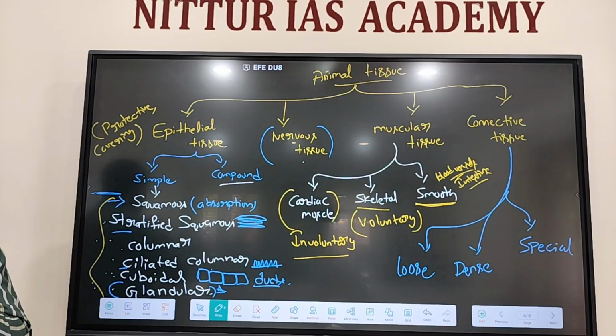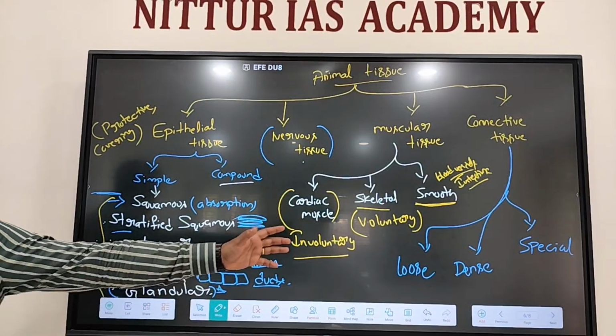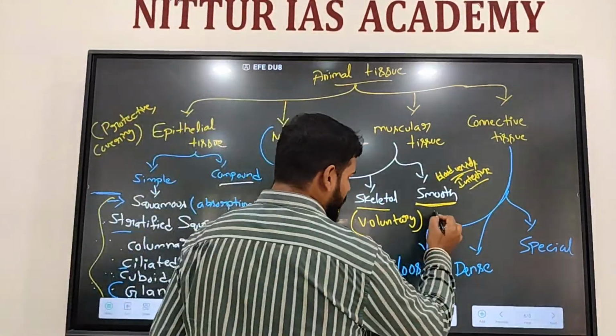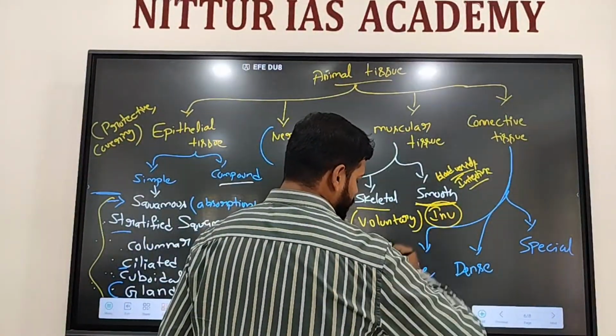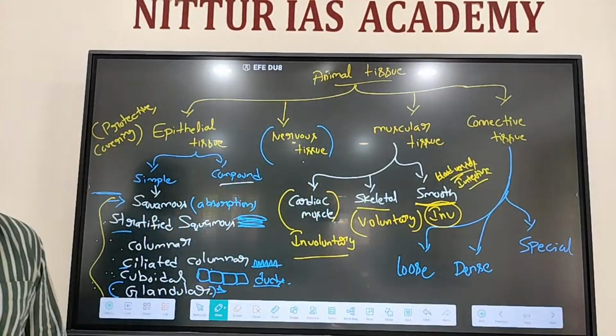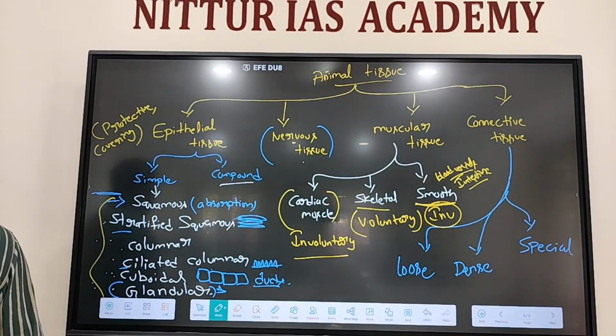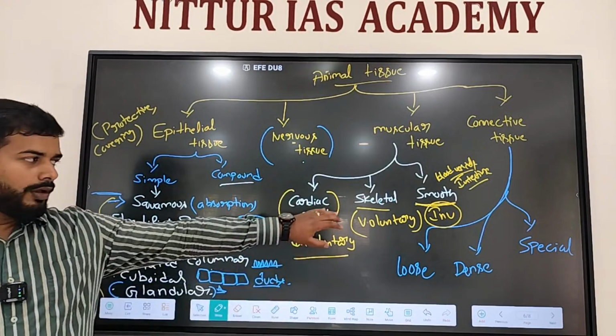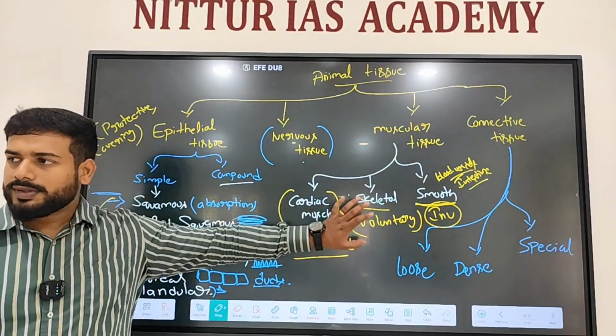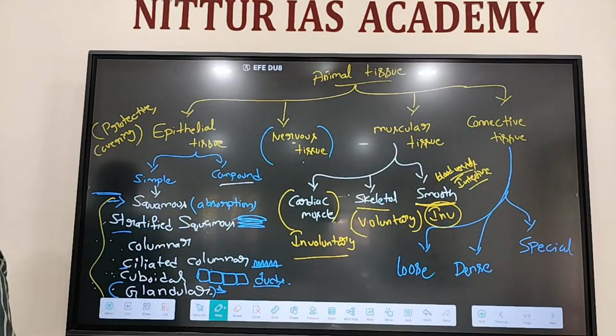Later we cannot control it. So smooth muscle tissue is also involuntary muscle. Only skeletal muscle tissue is voluntary muscle.